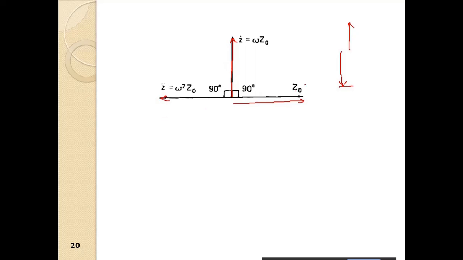Now what about the force? So this is displacement, this is velocity, and this is acceleration. Now what about the forces? We know the spring force is K into Z. So definitely it will be opposite to the displacement. So K into Z.